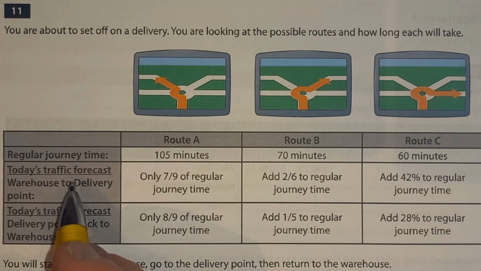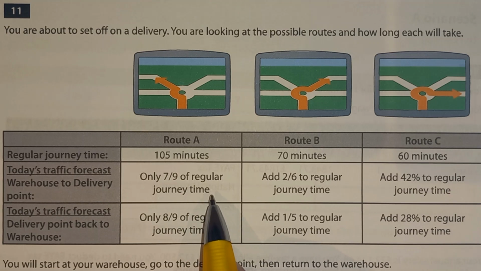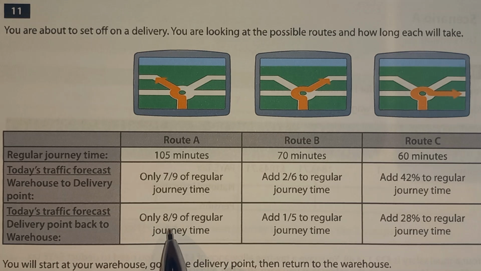But then we're told today's traffic forecast for warehouse to delivery point, only 7/9 of the regular journey time. And then from the delivery point back to the warehouse, only 8/9 of regular journey time. So this is saying it's going to be quicker than usual.